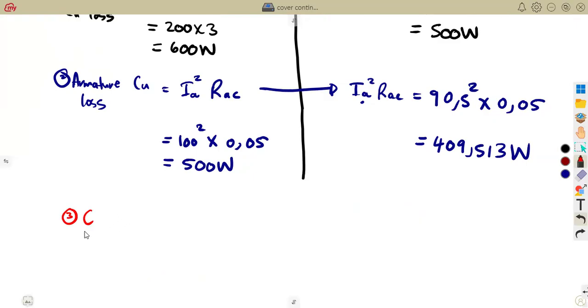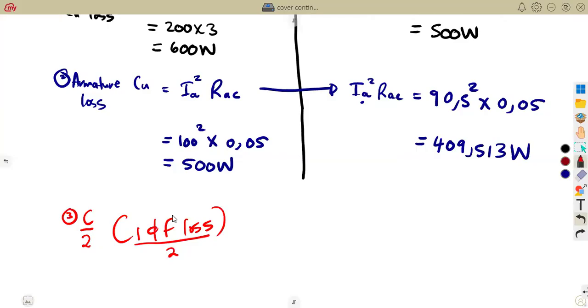But for each machine, it is called C over 2. So you need to calculate the iron, friction and windage losses, but they must be divided by 2. Why are we going to divide those losses by 2? It is because they are being shared equally.